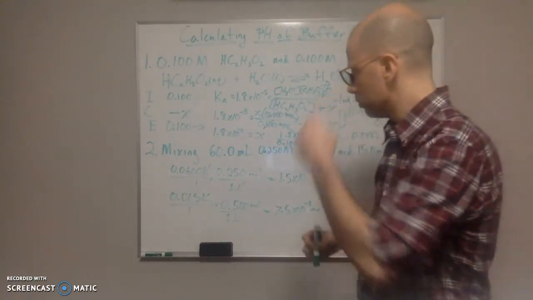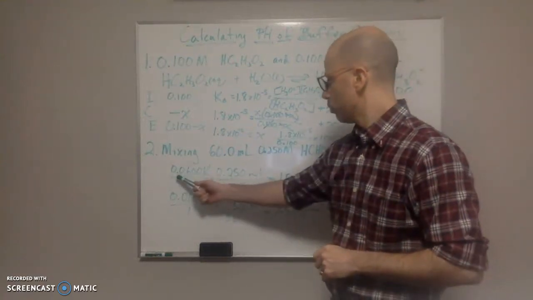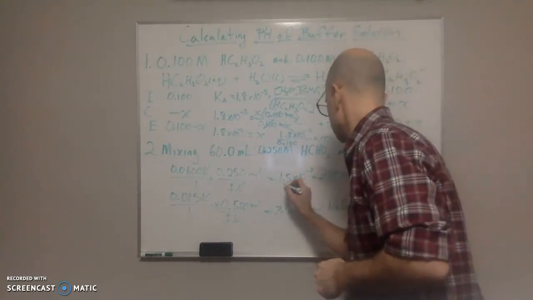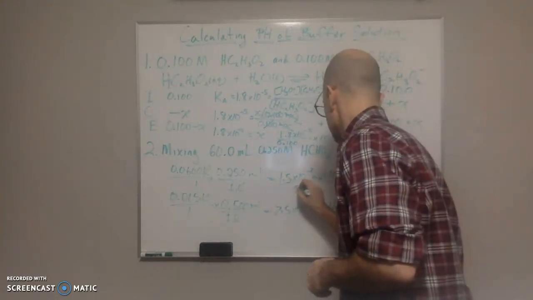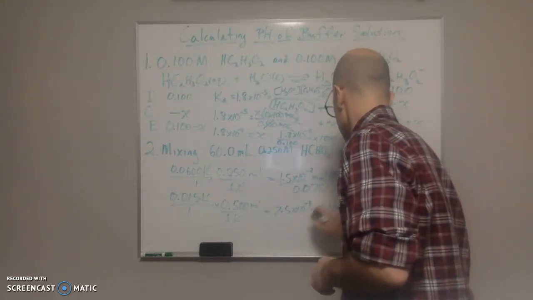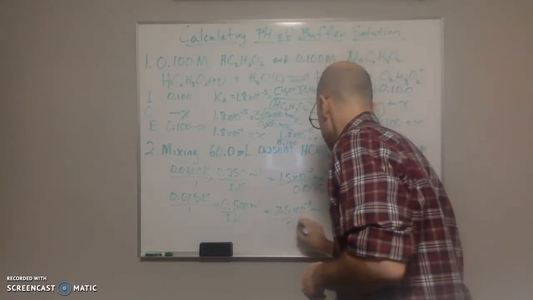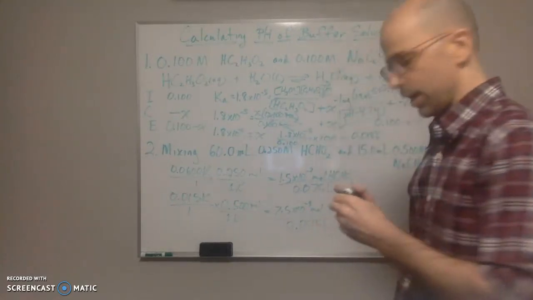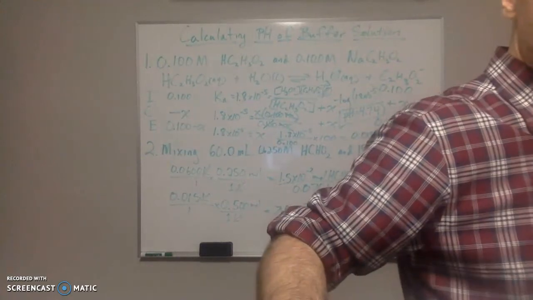So the total volume is going to be 0.075 liters. You take this, divide it by 0.075 liters, take this, divide it by 0.075 liters, and you're going to get your new concentration.